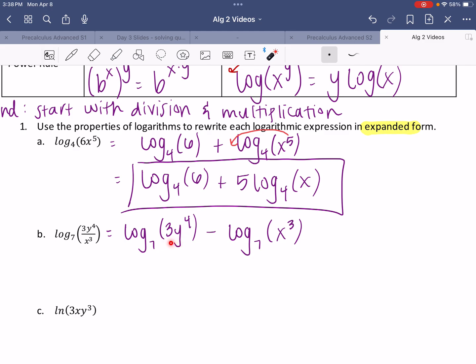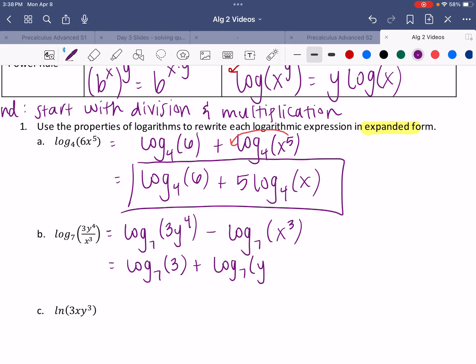And now I'm going to look inside each parentheses and look for multiplication or division before I do anything with the exponents. This first one still has a multiplication of 3 times y to the 4th. So I'm going to need to separate this into 3 logarithms. Log base 7 of 3 plus log base 7 of y to the 4th minus the log base 7 of x cubed.